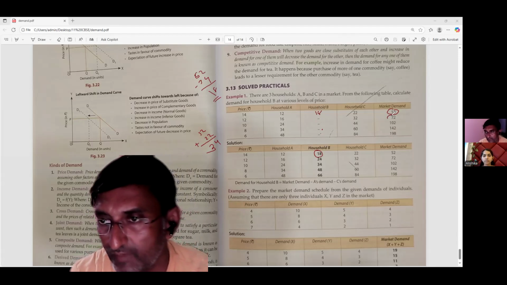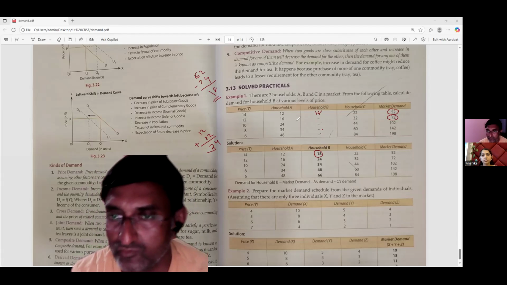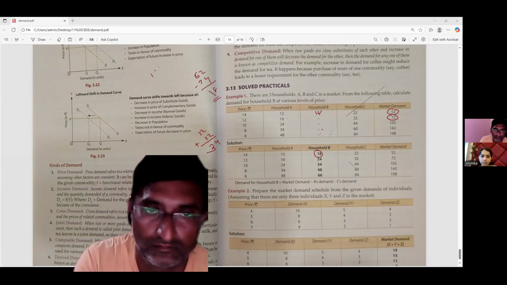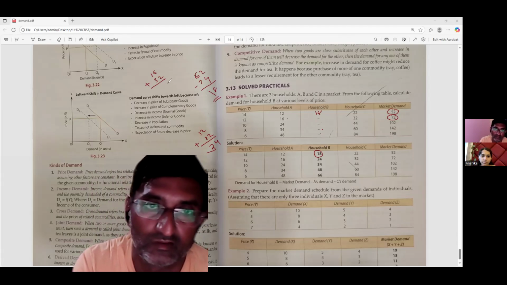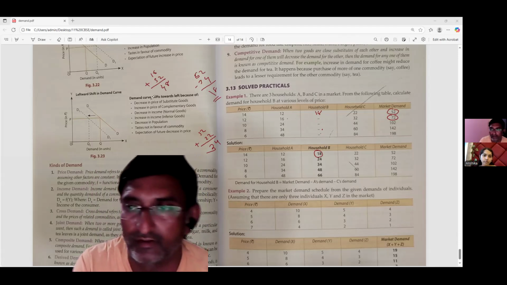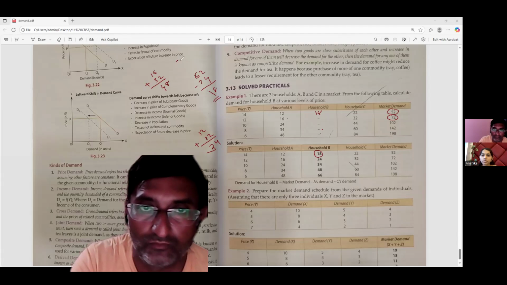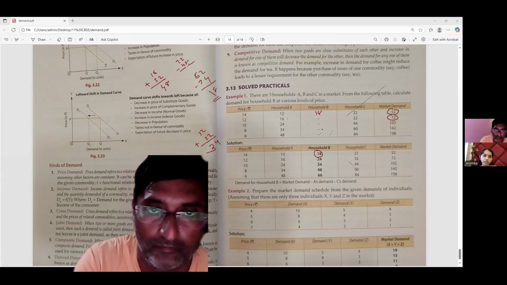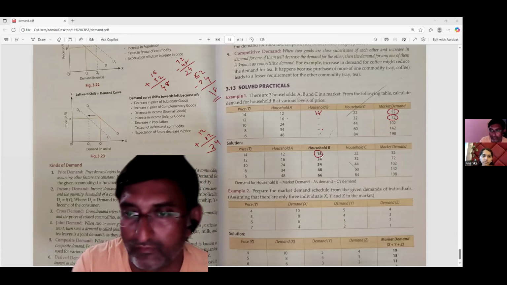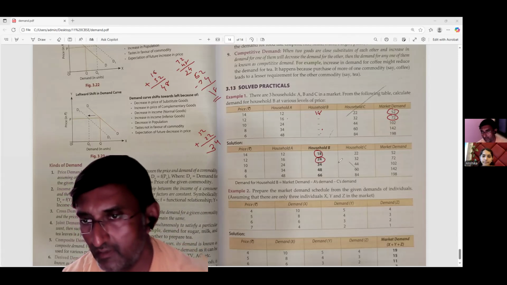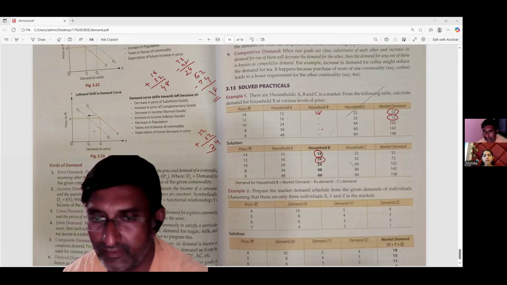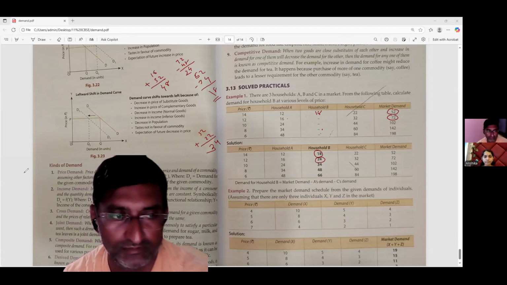When the market demand was 72, make the addition of 16 plus 32, 48. Now deduct from the 72: 72 minus 48, 24. Am I right? So you can find out the consumption of household B. It's 40. Got it?